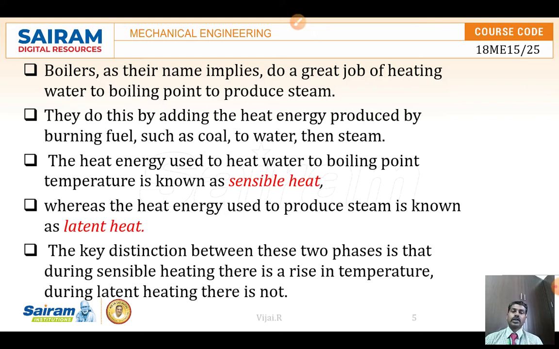into steam. There, first of all, we should know two different terms: sensible heat and latent heat. The sensible heat is the heat which is utilized until the water starts to boil. The heat energy which is used to produce the steam after that we call latent heat. The rise in temperature is very important in this.